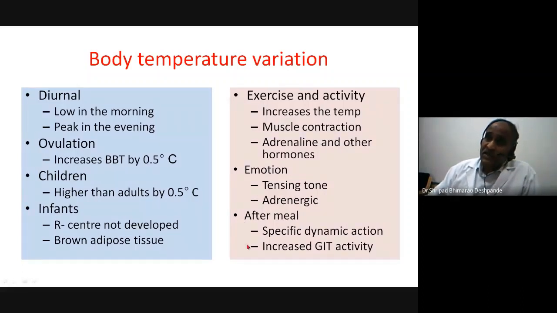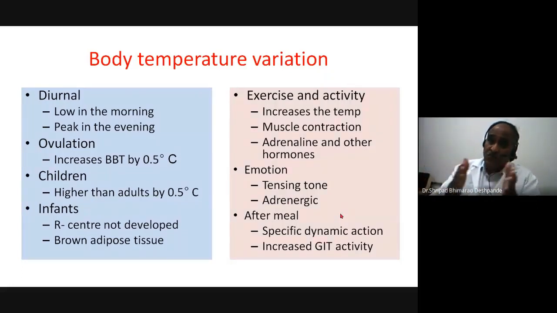And your body temperature increases after a meal. After a meal, you will have an increased body temperature. And this increase in body temperature after a meal is sometimes more than expected because of some components of the diet. They will produce more heat, especially a protein diet. Suppose one person is consuming a protein rich diet and another is consuming a carbohydrate rich diet.